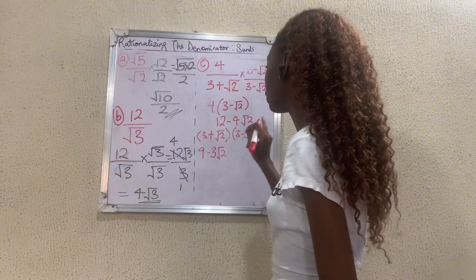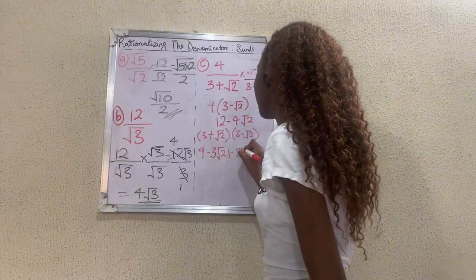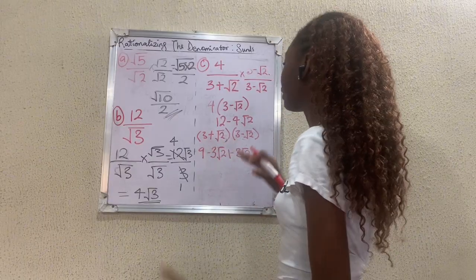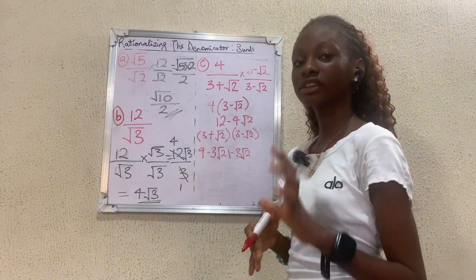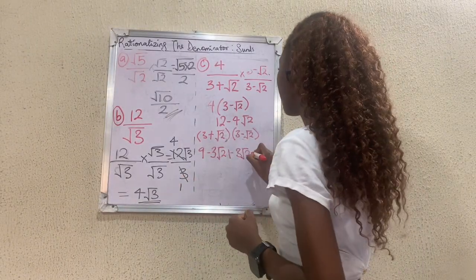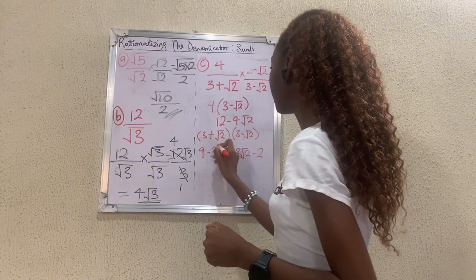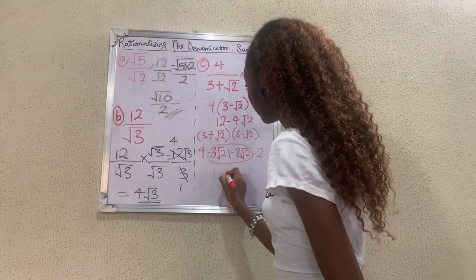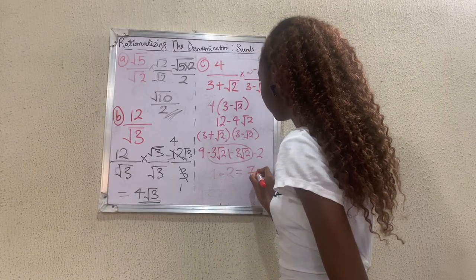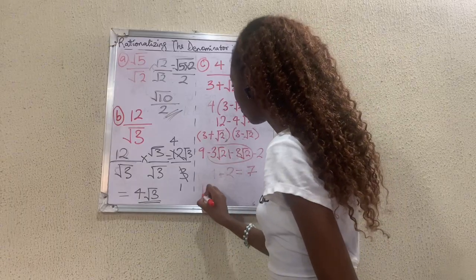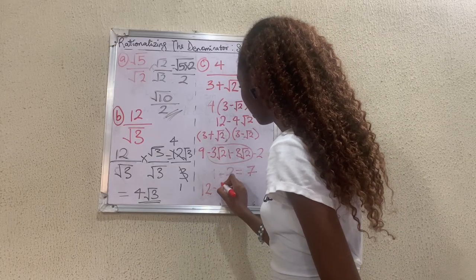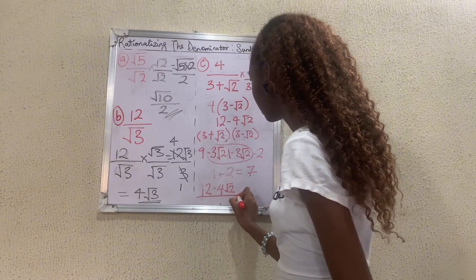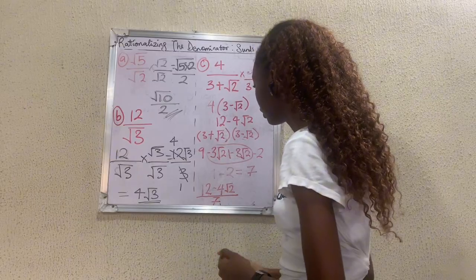Then we have plus the square root of 2 times 3, which is going to give us plus 3 square root of 2, and then we're going to have plus the square root of 2 times minus the square root of 2. And in this case, the square roots are going to cancel each other out, leaving us with minus 2. Now, the middle terms are going to cancel each other out and give us 0. So we're left with 9 minus 2, which is 7, which means that we have 12 minus 4 square root of 2 divided by 7.